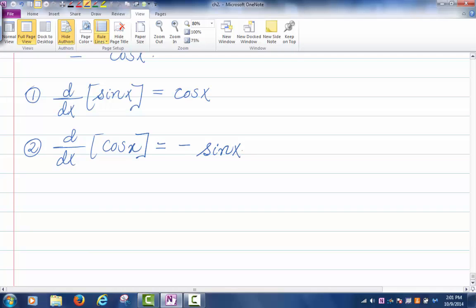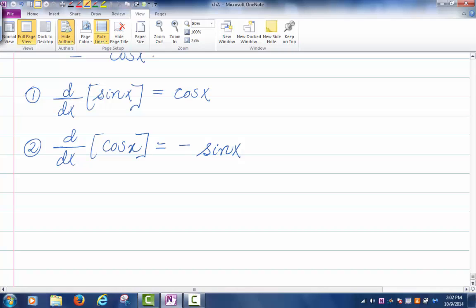Again, you could compute that by using the limit definition again. So instead of applying the formula for sine of a plus b, you're going to apply the formula for cosine of a plus b. What is cosine of a plus b? Cosine a cosine b minus sine a sine b, right? If you use that, you'll see that you're going to come up with this negative sine x. Okay.